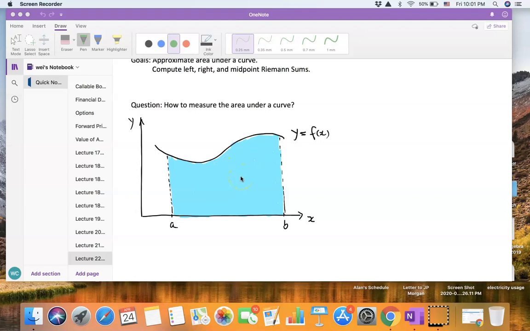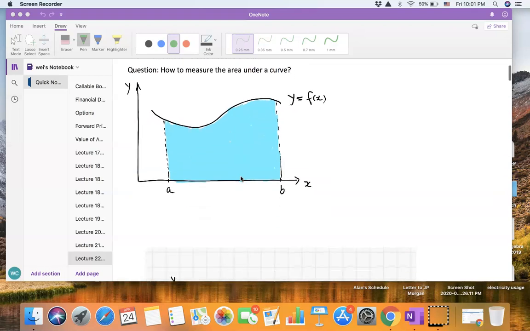Later on, we will talk about which method we should use if we want to find the exact area. But at this point, we only talk about the method to find the approximation.